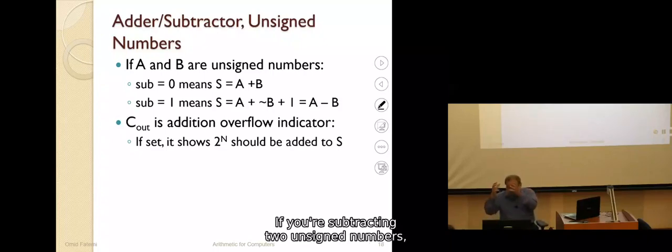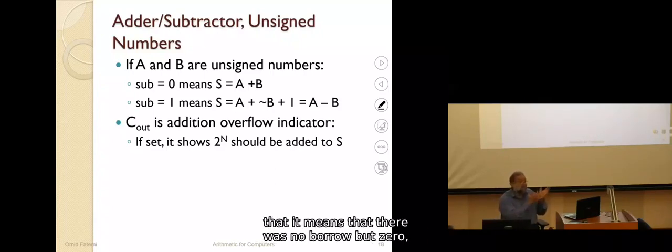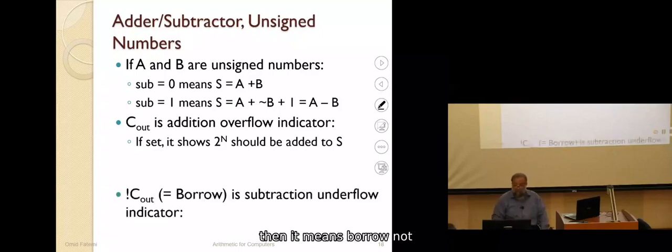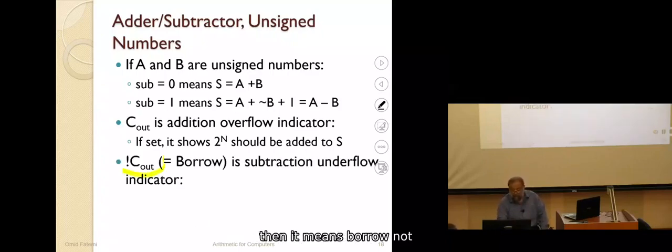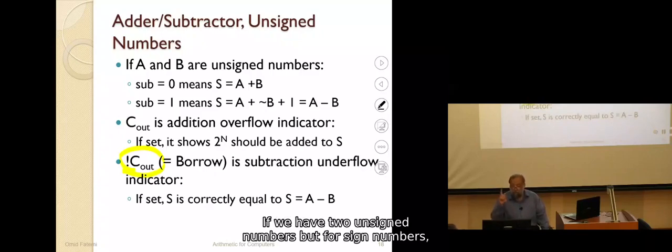If you are subtracting two unsigned numbers, then the not of C out is the borrow. If the carry out from the last stage is 1, it means that there was no borrow. But if it is 0, then it means borrow. So not of C out is the subtraction underflow indicator if we have two unsigned numbers.